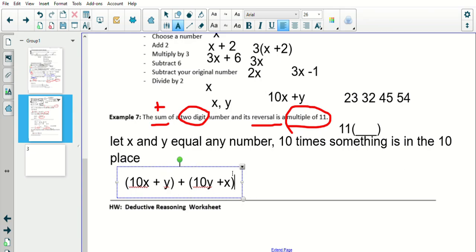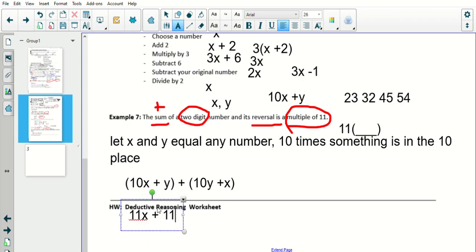Here or here? There aren't. So can I drop the brackets and try and combine like terms? I can. So let's do that. I'm left with 11x plus 11y. And my goodness, what we see is that that is 11 times x plus y.